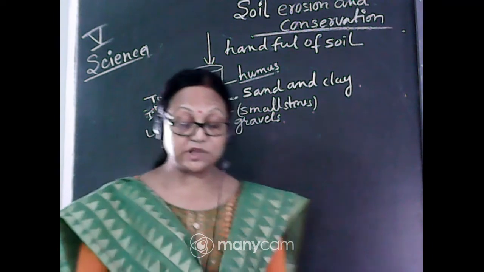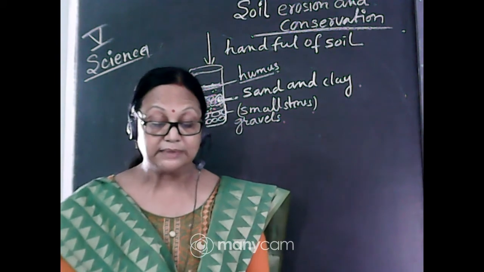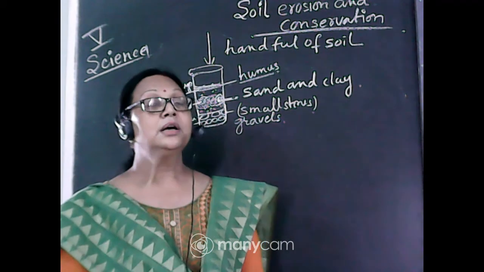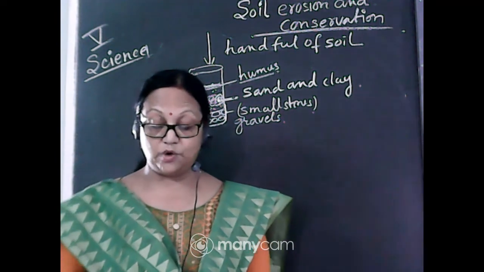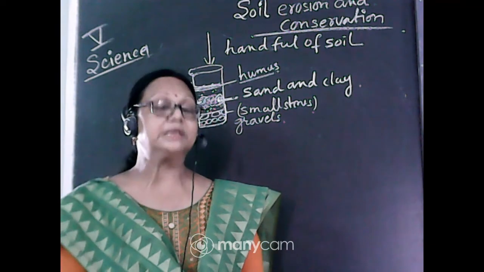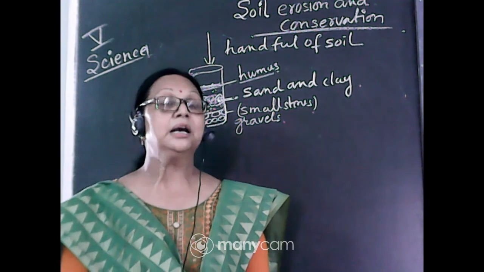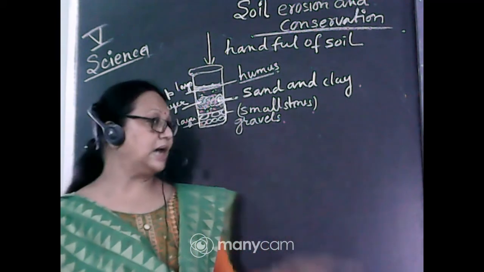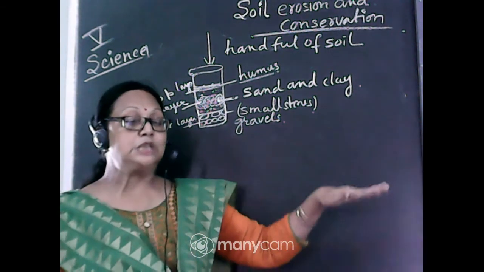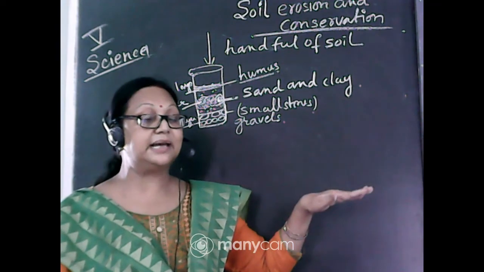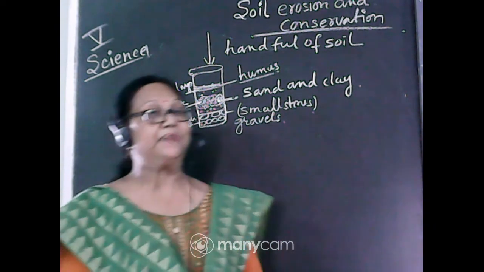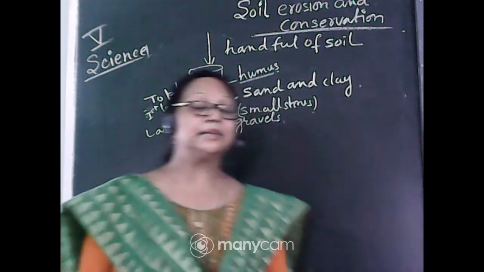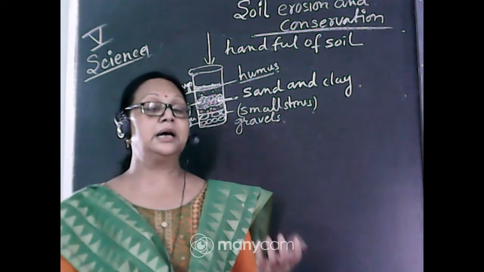Now next is soil helps in the storage of water. As we know, there are aquifers. When we go through the soil profile, we will come to know different layers of the soil, and just above the bedrock, the bedrock is the impervious layer, and before the impervious layer there is a pervious layer. That means they are the aquifers.